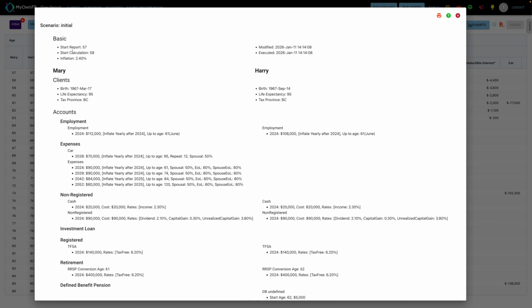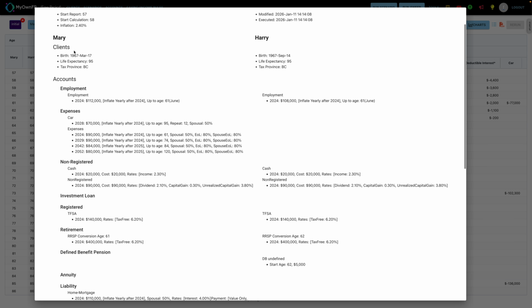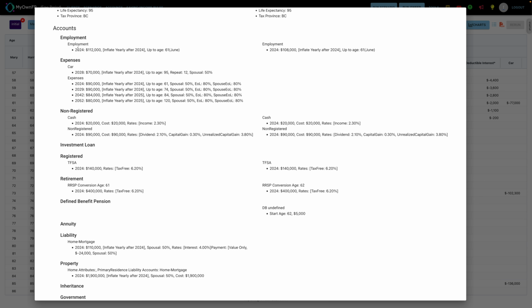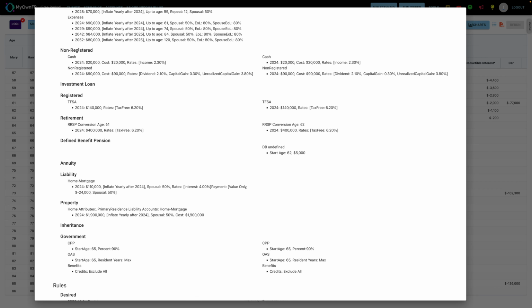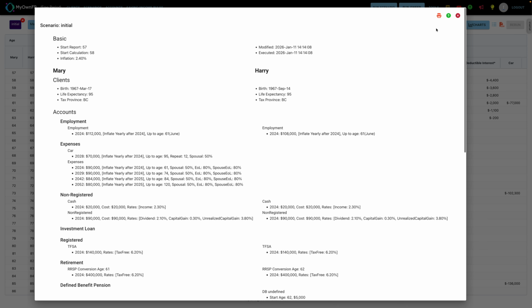The basic information is when we started it, start calculation values, the inflation, Mary's life expectancy, birth and province, then all our different employment accounts that we have, our home and home mortgage are all put inside there, the defined benefit pension plan, our government benefits, and our rules, which are all the default rules. So you can take a look at what all that means, and you can print that out and save that for future information.